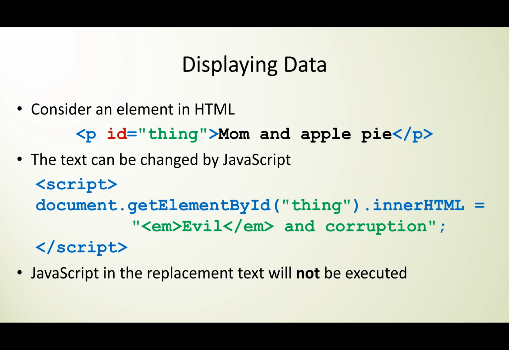And then the dot innerHTML says we're going to change the HTML of this object, and we're going to set it to evil and corruption with the HTML tags emphasis and end emphasis. That will display, where you said mom and apple pie, evil and corruption with the word evil being bolded.